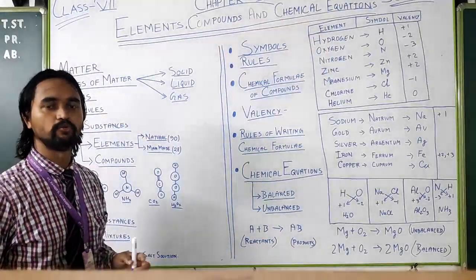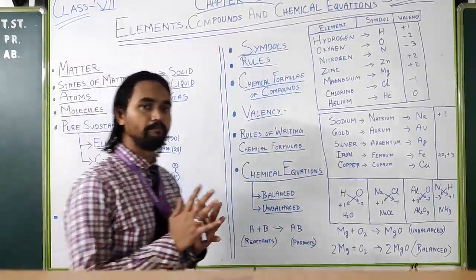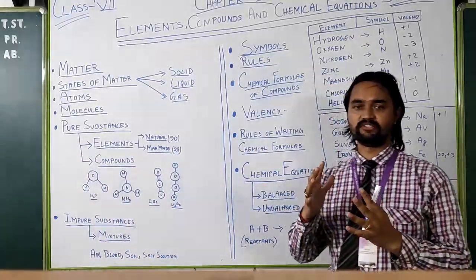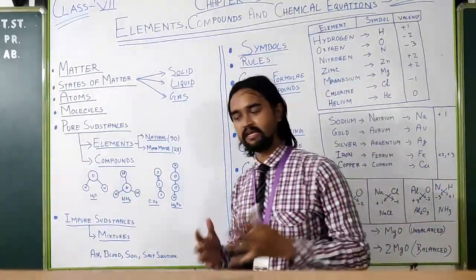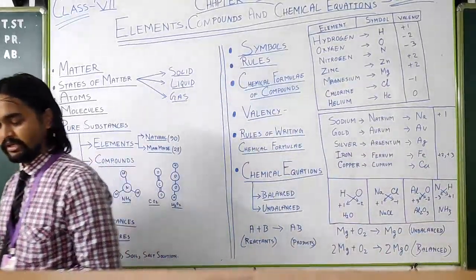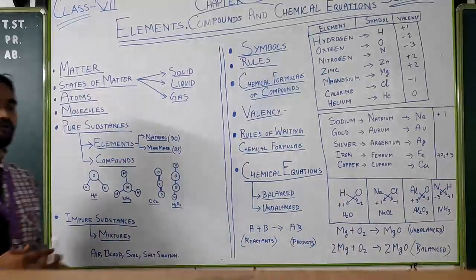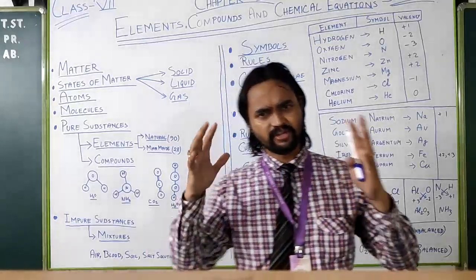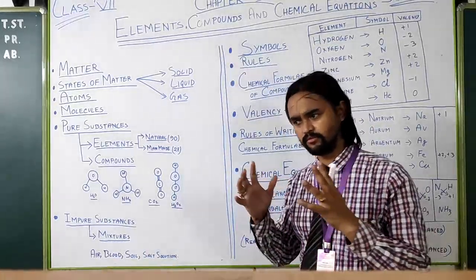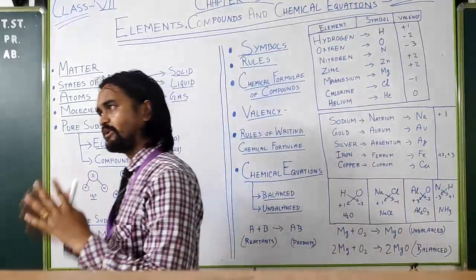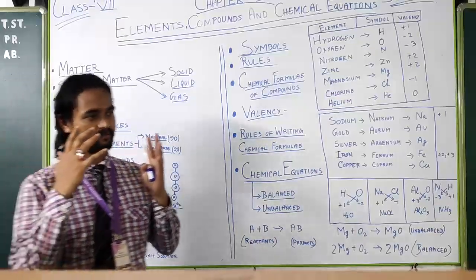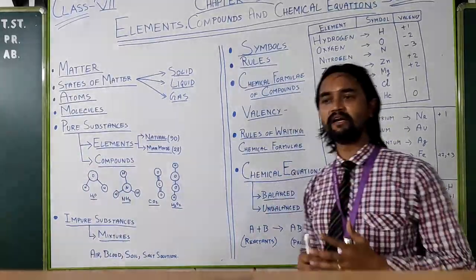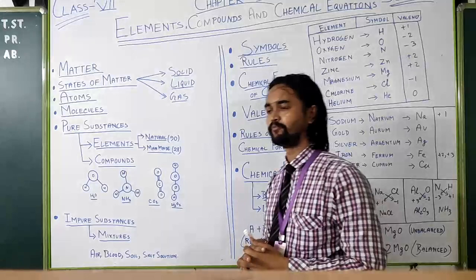In this chapter, we will learn about matter, atoms, molecules, symbols, chemical formulas, etc. In the previous class, we have already studied materials, different types of substances, various types of materials, their properties, their uses, etc. In this class, we will learn about matter.